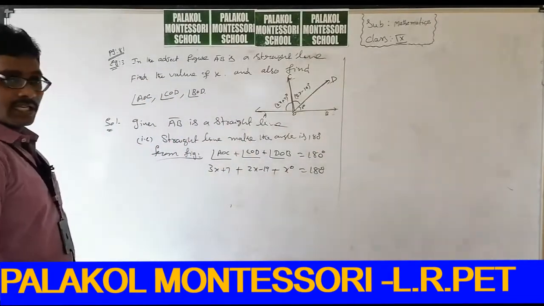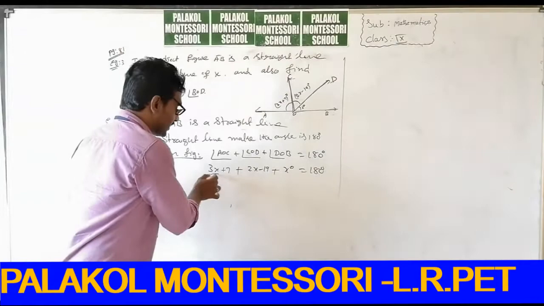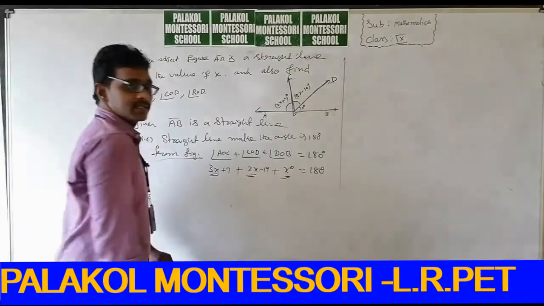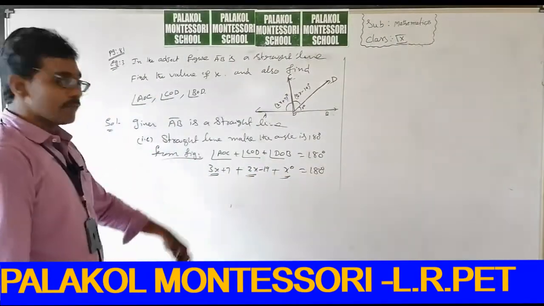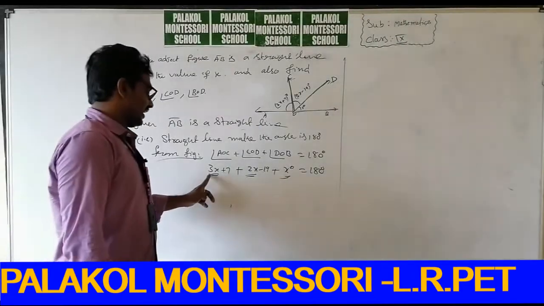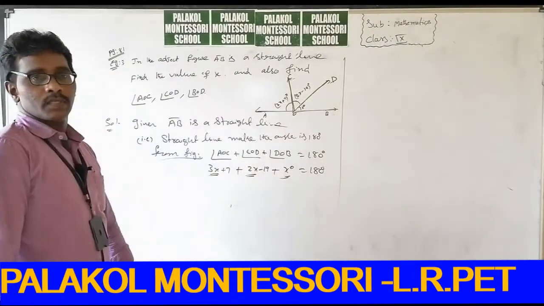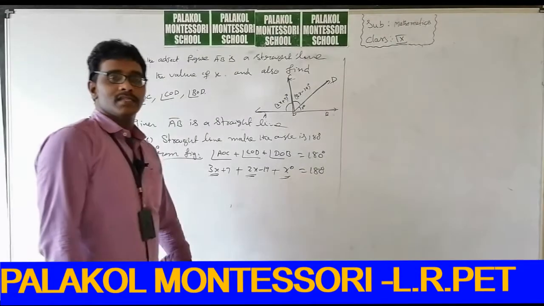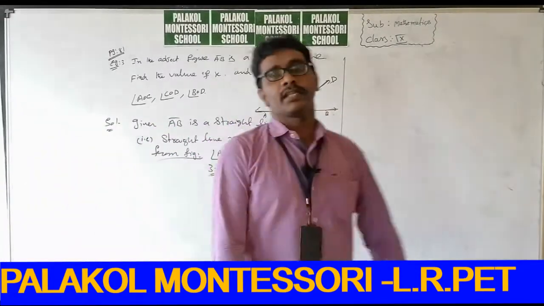In this equation, on the LHS there are x terms: 3x, 2x, x. All signs are positive, so they should be added. 3x plus 2x is 5x, 5x plus x is 6x, so 6x degrees.